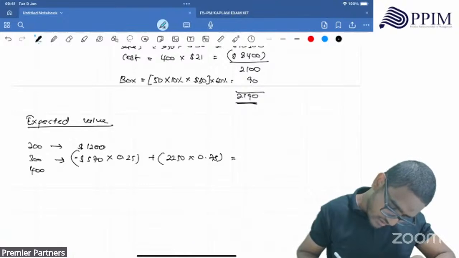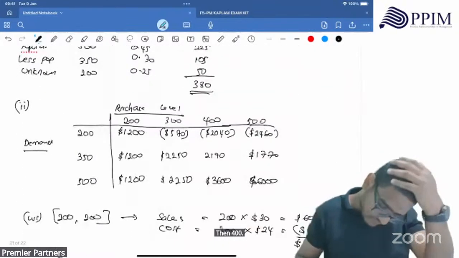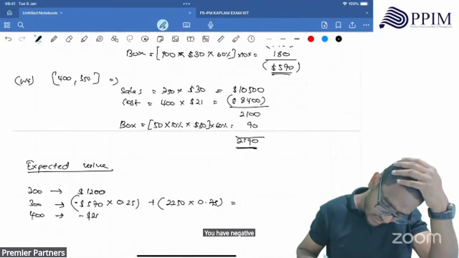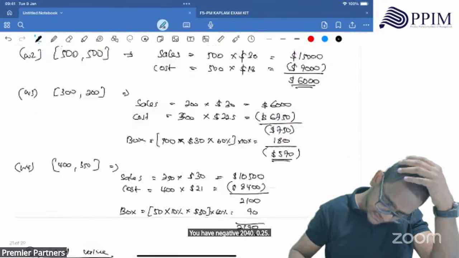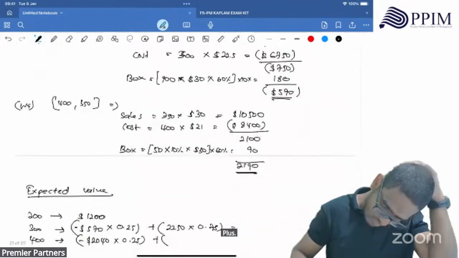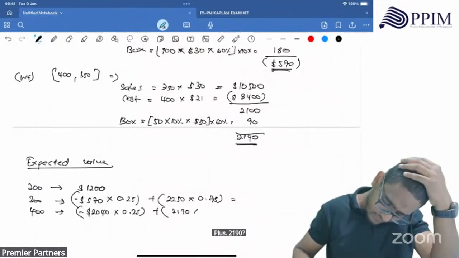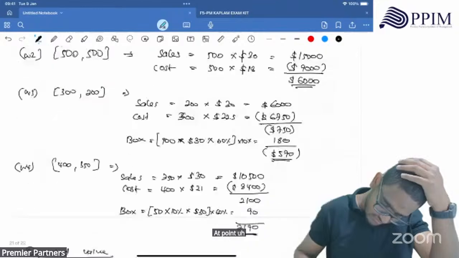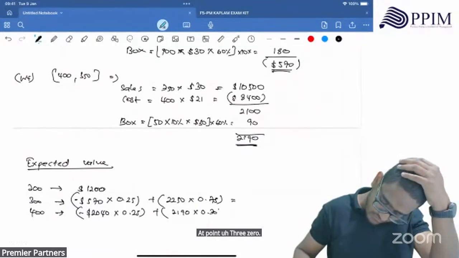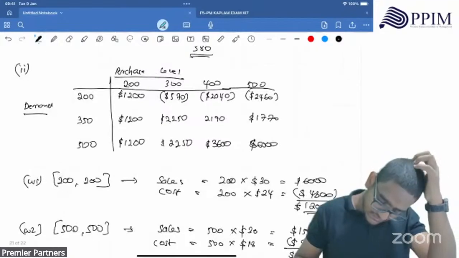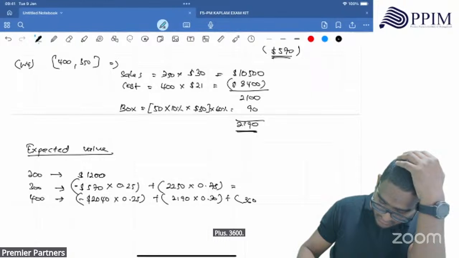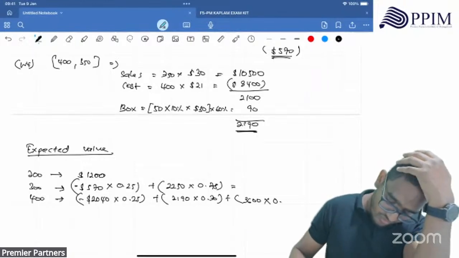Then 400: you have negative 2,040 at 0.25, plus 2,190 at 0.30, plus 3,600 at 0.45.